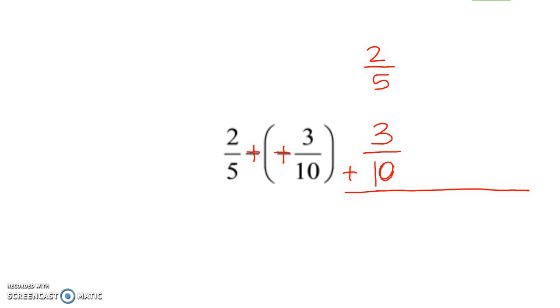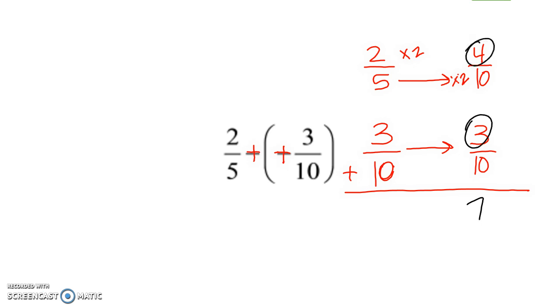So between 5 and 10, my least common denominator would be 10. Since this stays the same, I just bring over the 3. But here, 5 times 2 gives me 10. That's a 2. So then 2 times 2 is going to be 4. Last step, I'm just going to add my numerators. 4 plus 3 is 7. Denominator stays the same. 7/10.